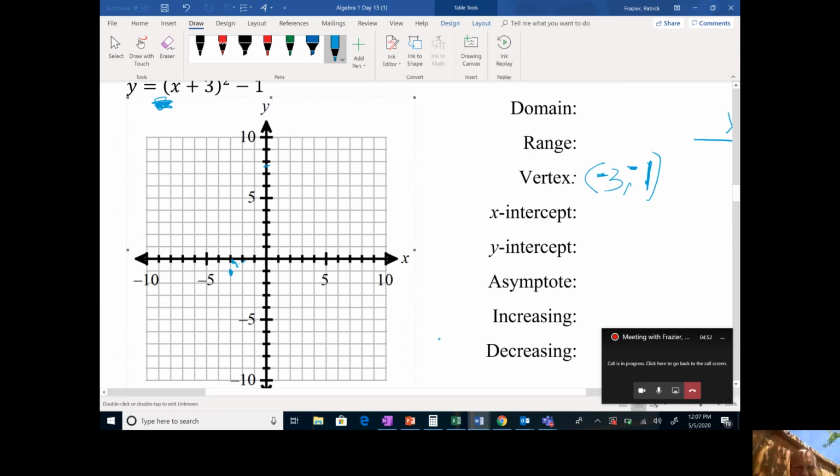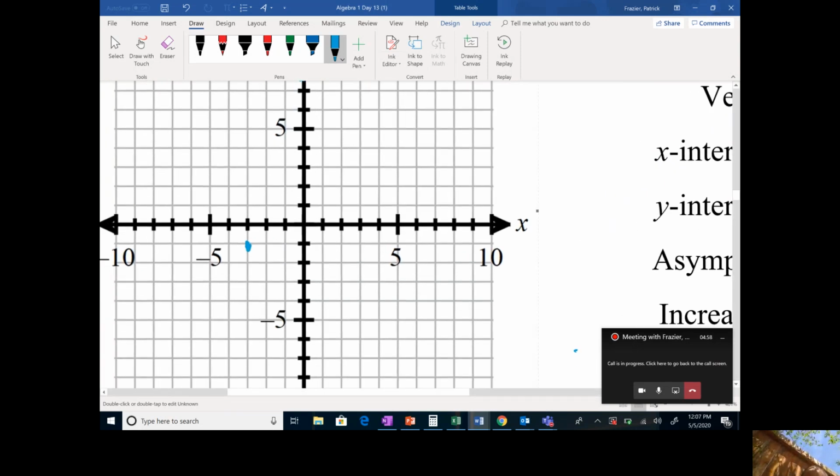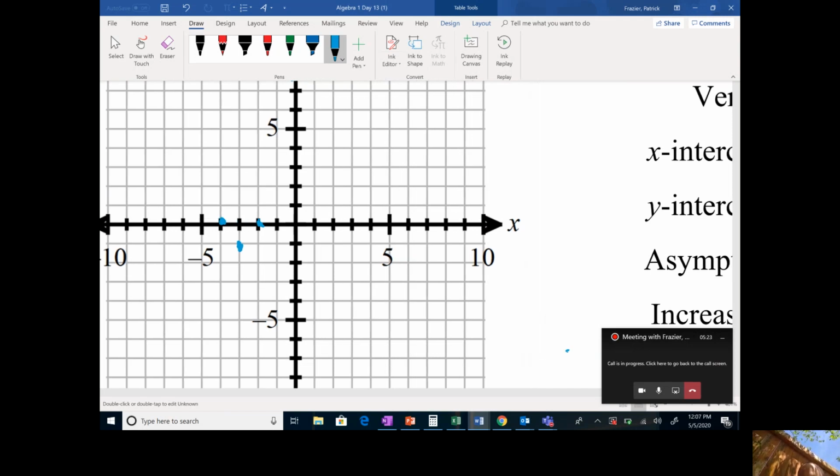And I'm outside, as you can tell, so just trying to finagle this on my surface. There we go. And then over here, when x equals -2, and when x equals -4, y equals 0.